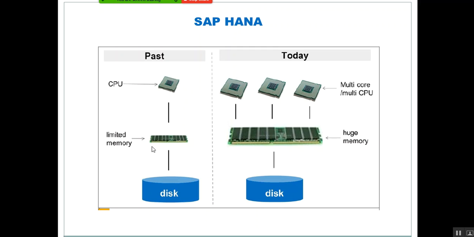To understand in layman's language, for example, assume here you have 1 GB capacity of cache and 1000 GB capacity of disk. So only 1 GB will be stored here, and everything remaining will go and be stored on the disk in your main memory. But in HANA, the RAM, the cache memory, is, assume, 100 GB itself, and of course you have 1000 GB here too. So in the traditional case you are storing only 1 GB here, but here the 100 GB of data is stored in the cache memory itself.